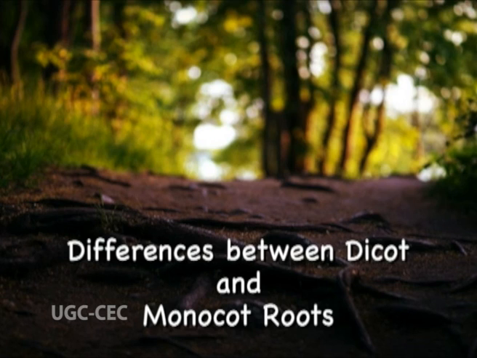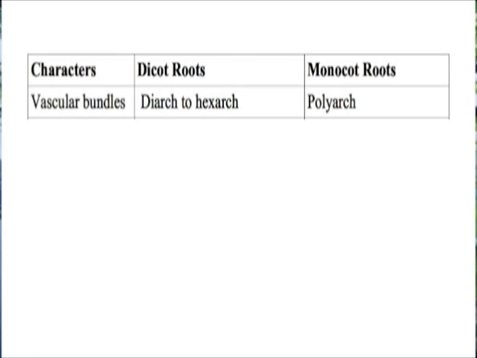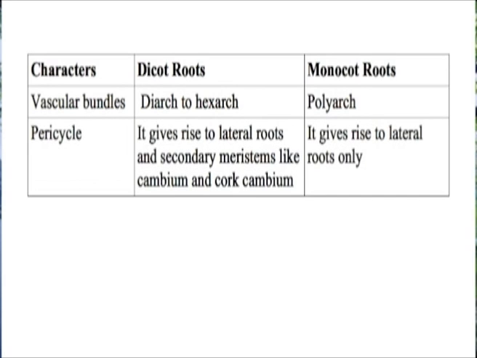Differences between dicot and monocot root. The vascular bundles are diarch to hexarch in dicot roots, whereas it is polyarch in monocot roots. The pericycle gives rise to lateral roots and secondary meristems like cambium and cork cambium in dicot roots, whereas it gives rise to lateral roots only in monocot roots.